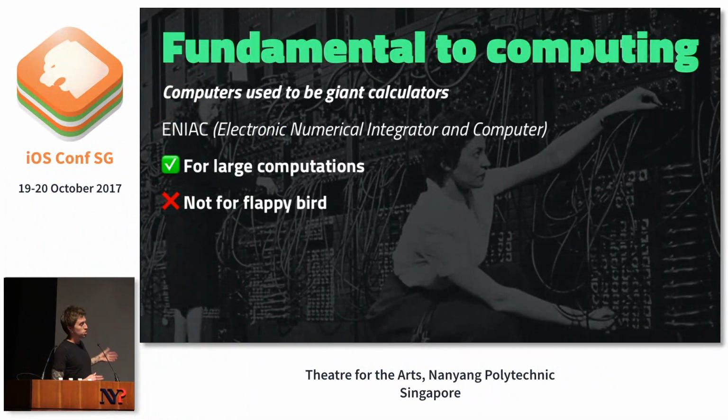I mean, computers used to be the size of a room, and they're basically just giant calculators, the ENIAC, the electronic numerical integrator and computer, aka a calculator. It was used for a lot of different things in terms of just big computations that took humans hours and hours to do. Now all of this is condensed into calculator.app, which is everyone's favorite.